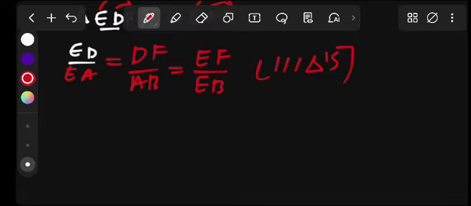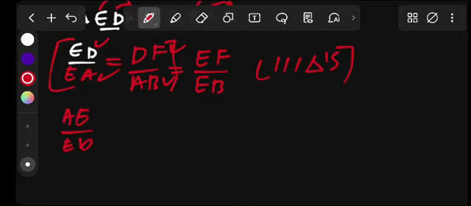Now let me take this DE, EA and DF and AB. These I will use. Let me just interchange them. This is the same as AE over ED is equal to AB over DF. I've just interchanged. I took this to the top and I took this to the bottom. I've changed nothing there.